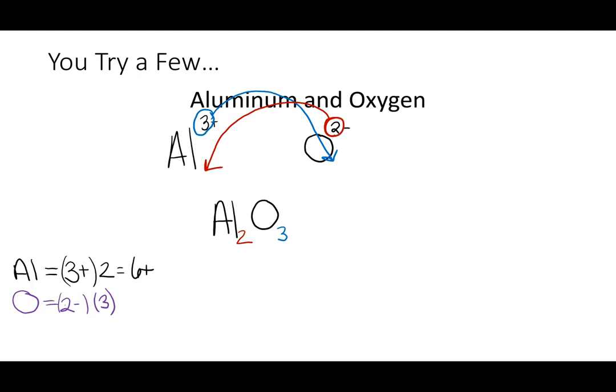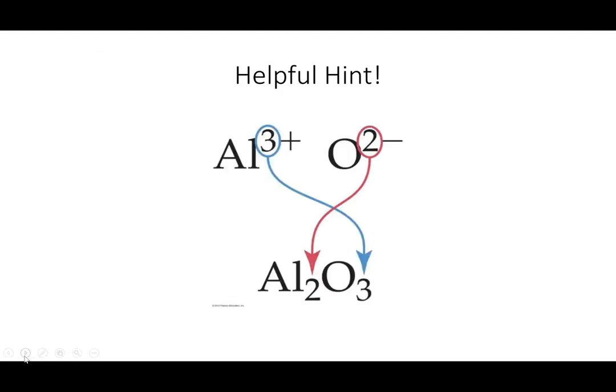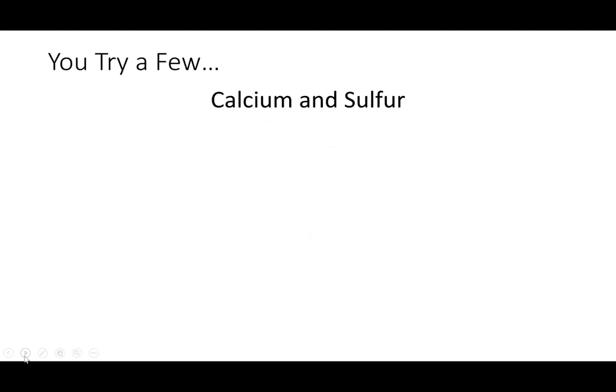So -2 times 3 atoms of oxygen gives me a -6 charge. +6 from aluminum, -6 from oxygen. Boom, it's neutral. So there's our helpful hint. Flippity-flop the charges. This will work 99% of the time for you guys.